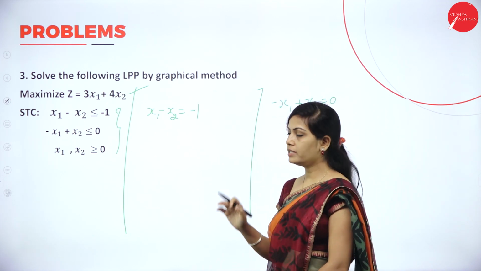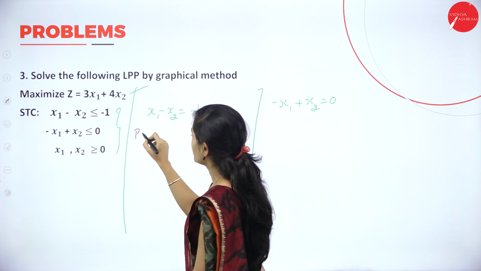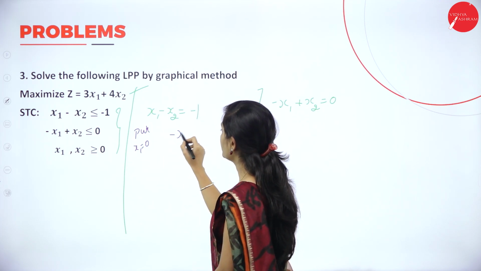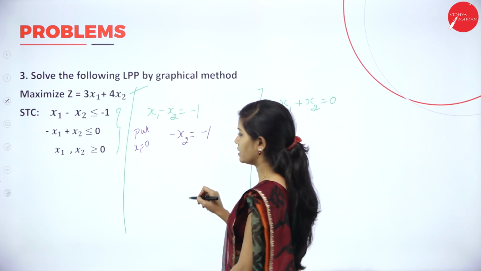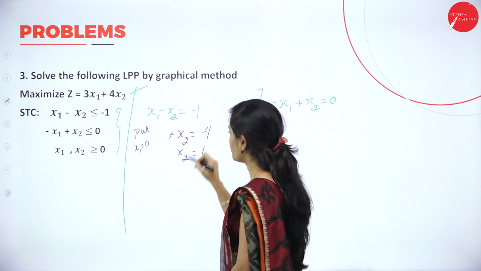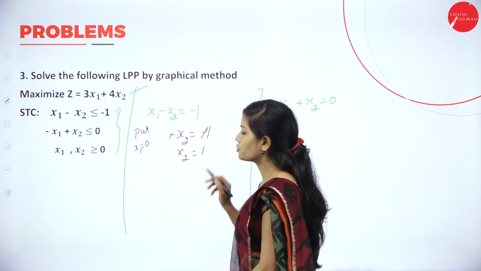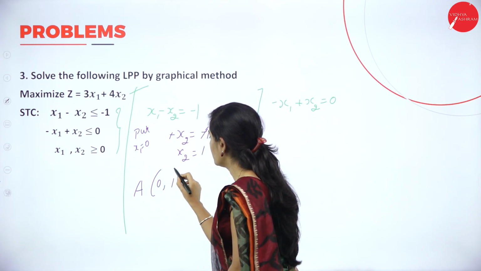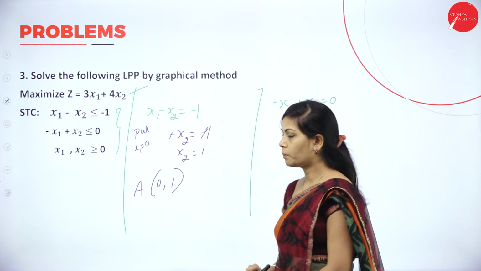So now I will find the point values. Put x1 is equal to 0: minus x2 is equal to minus 1, so x2 is equal to 1, since the minus signs cancel. So point A is 0, 1.